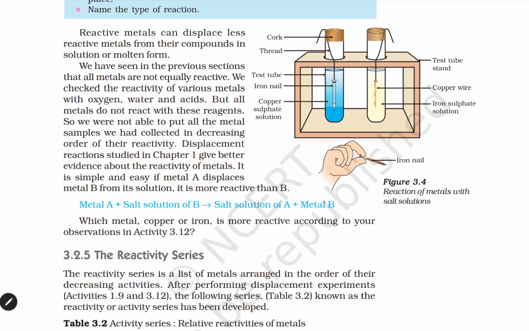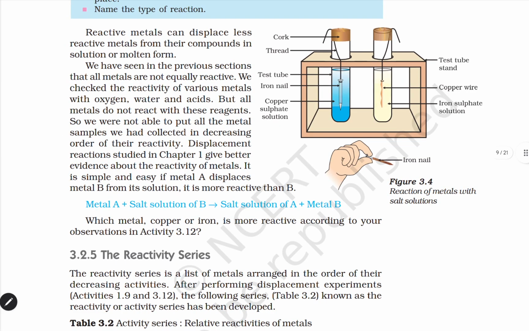The chemical reaction can be written as follows. If metal A is reacted with the salt solution of metal B, then metal B will be extracted and the salt solution of metal A will be formed. Here, iron nail is in the solid form and copper sulfate solution is in the aqueous form.